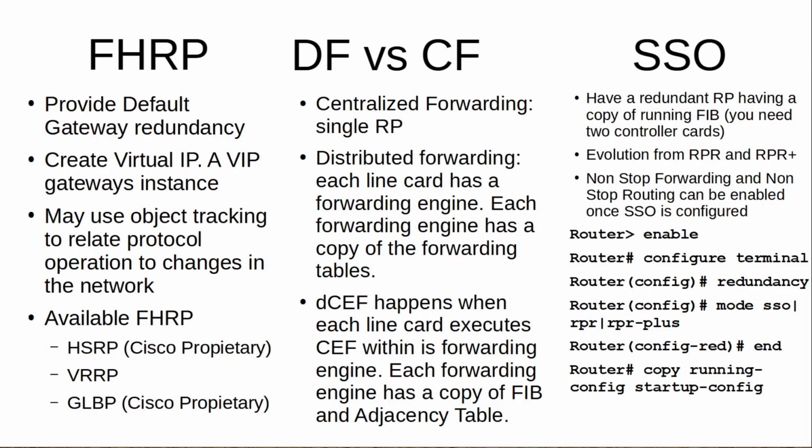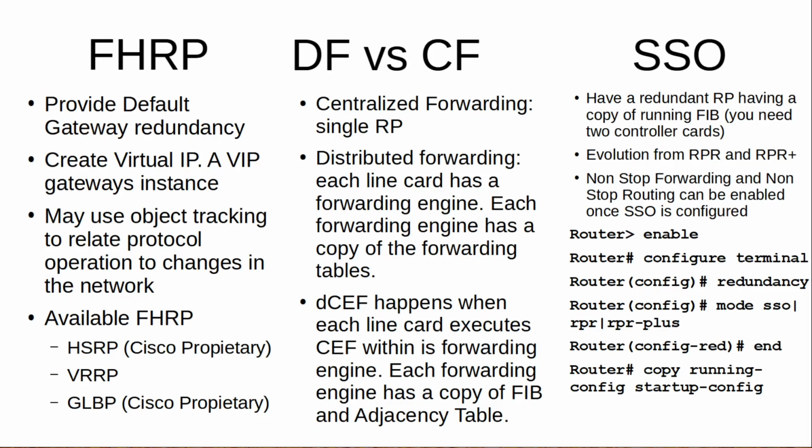Opposite to that, if you can have forwarding engines included in each line card that you plug into the chassis, each of these forwarding engines will copy forwarding tables from the main routing processor so they can work individually in order to move packets and frames. In that case, you will have distributed forwarding.